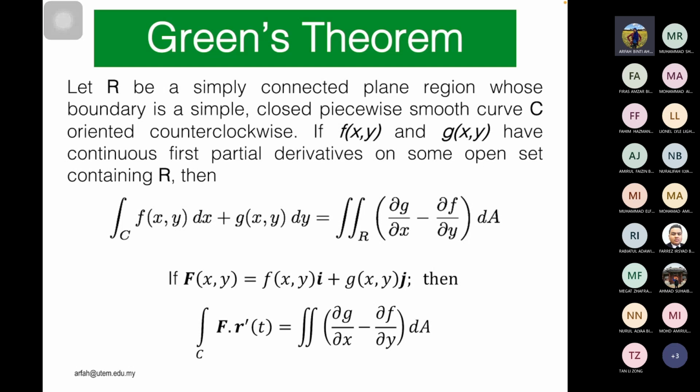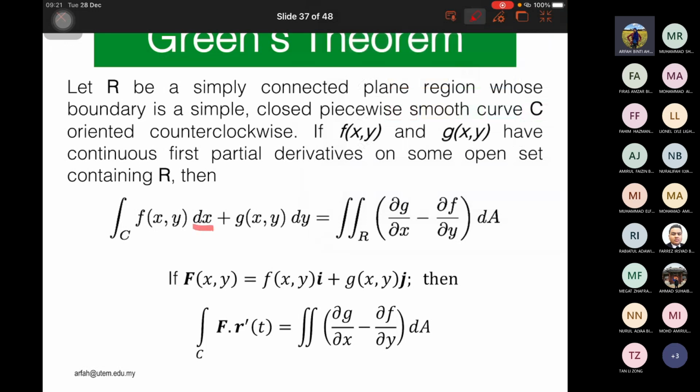If f(x,y) and g(x,y) have continuous first partial derivatives on some open set containing the region R, then the integration over the curve C of f(x,y) dx plus g(x,y) dy equals the double integral over the region R of ∂g/∂x minus ∂f/∂y, taking the partial derivatives, dA.